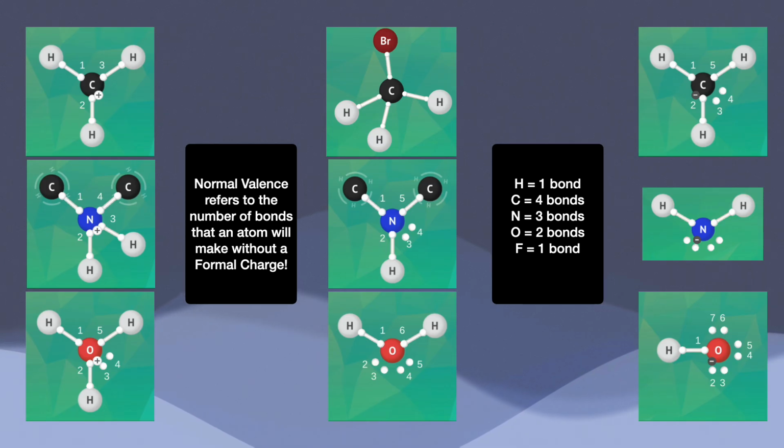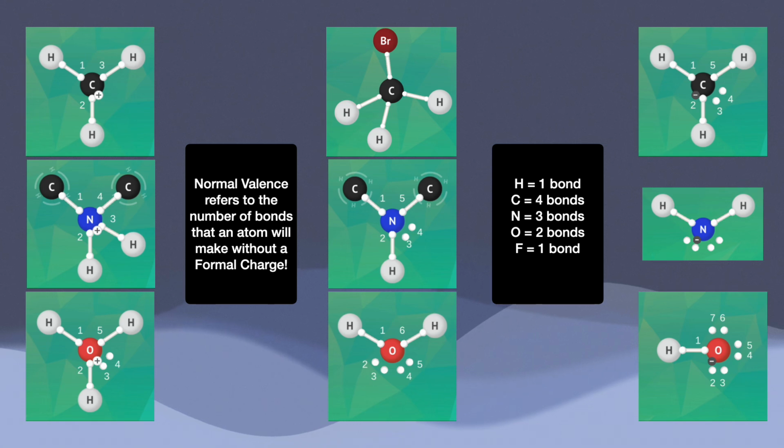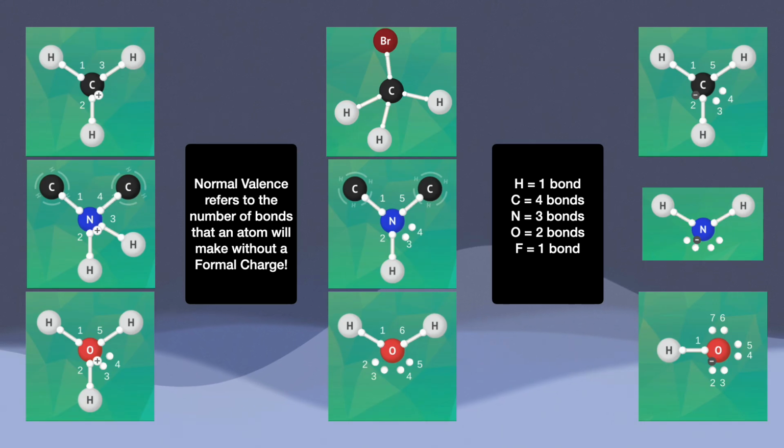So again, this notion of normal valence directly connects to formal charge. And if you make that connection, then once we shift towards drawing Lewis structures, you're going to see a connection between these techniques.